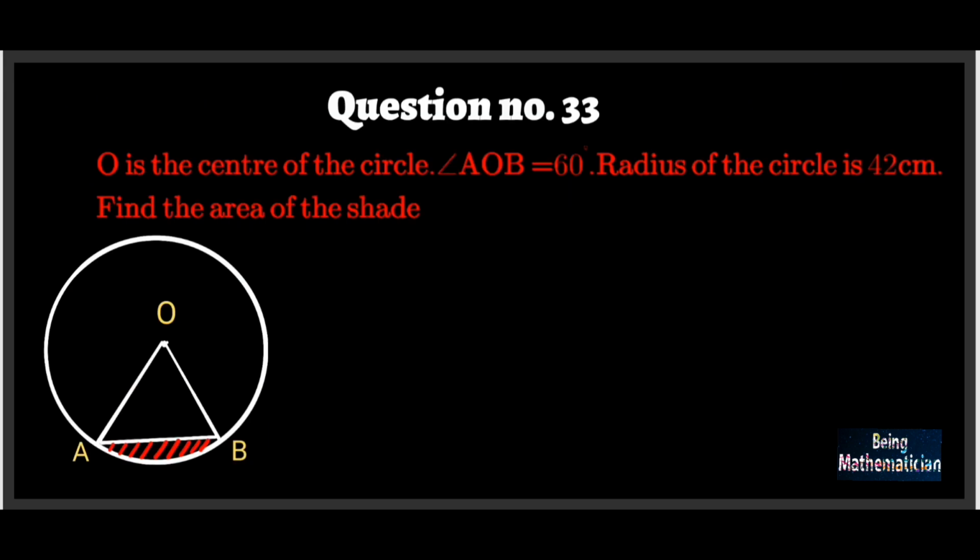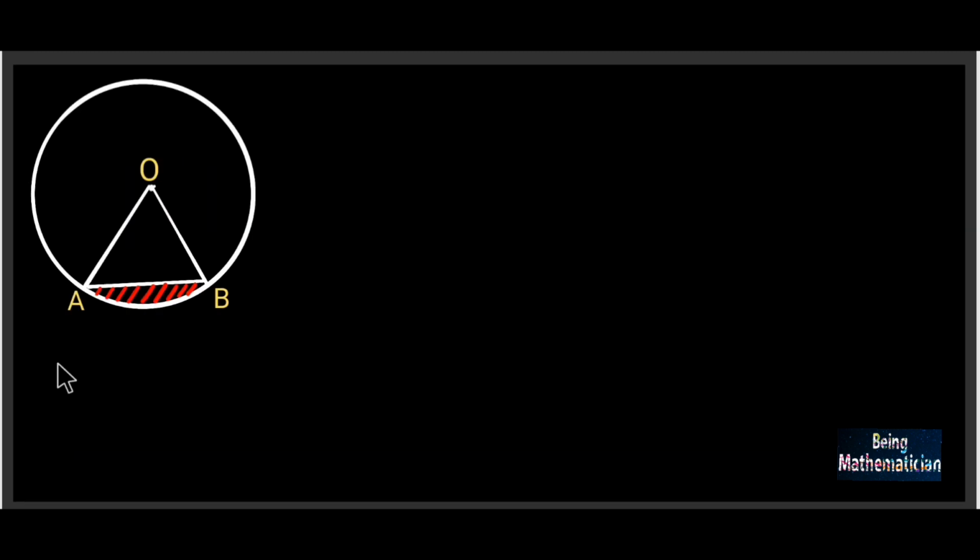Question number 33. In this figure, AO equal to BO, since both are the radii of the circle, and angle AOB is 60 degree, that means triangle OAB is an equilateral triangle.